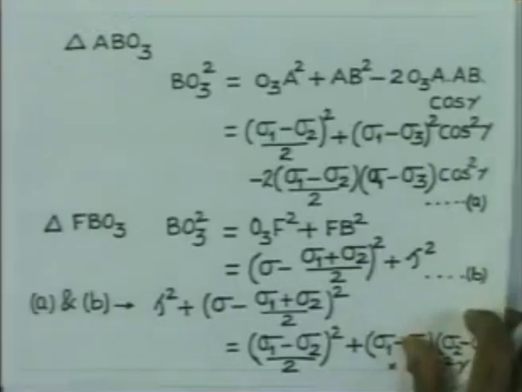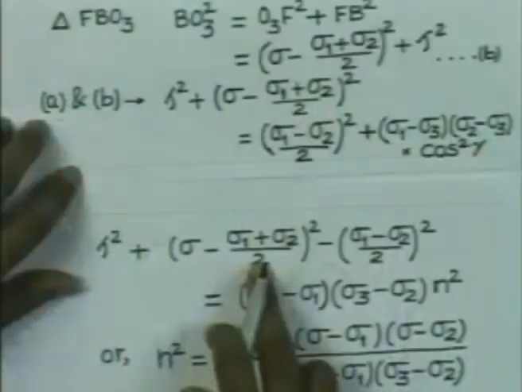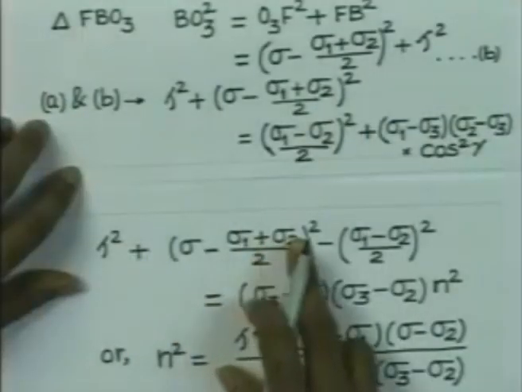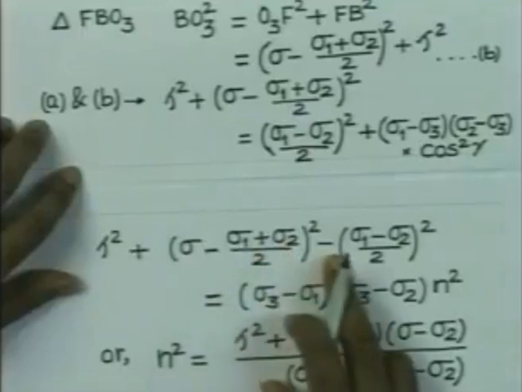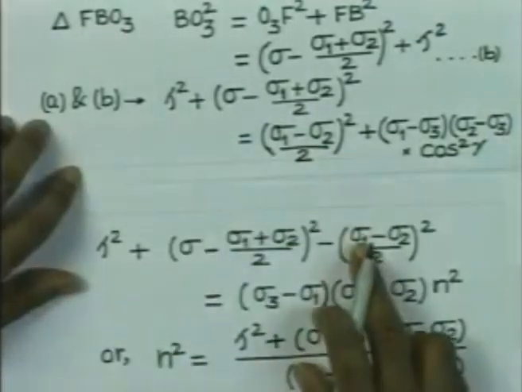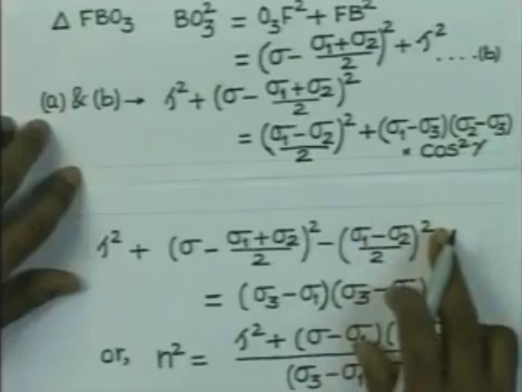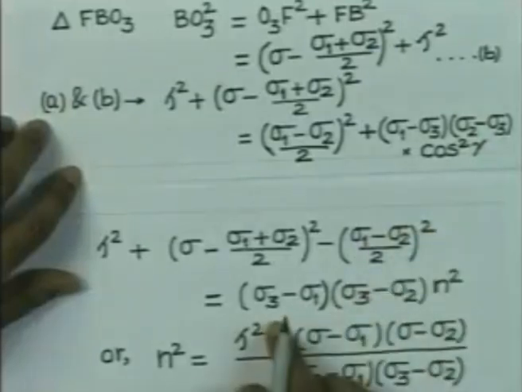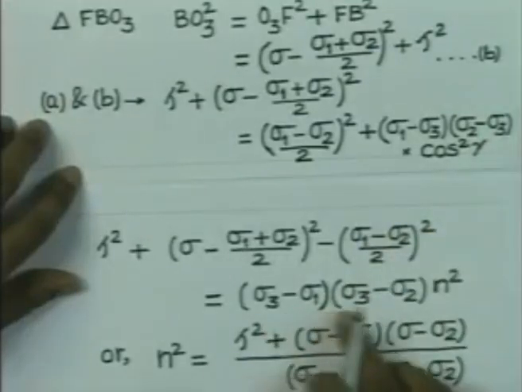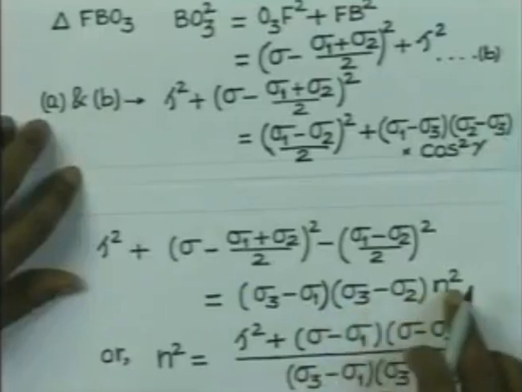Now this can be further simplified and you get tau square plus sigma minus sigma 1 plus sigma 2 by 2 whole square. I take this thing to the left, so it is minus sigma 1 minus sigma 2 by 2 whole square is equal to sigma 3 minus sigma 1 into sigma 3 minus sigma 2 cos square gamma, and cos square gamma is nothing but n square.